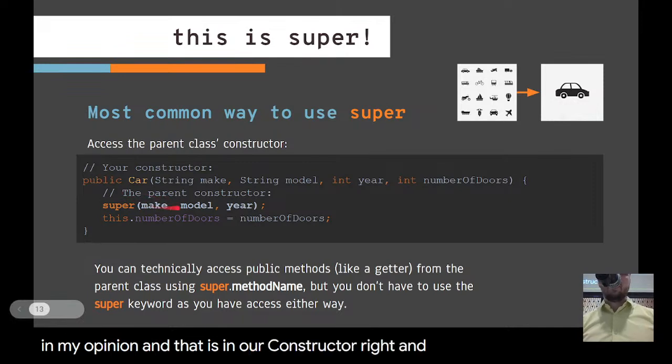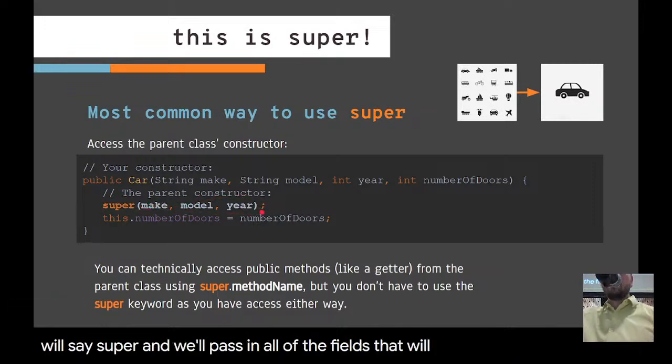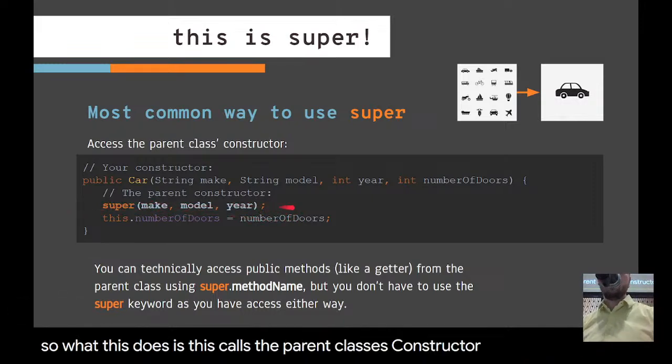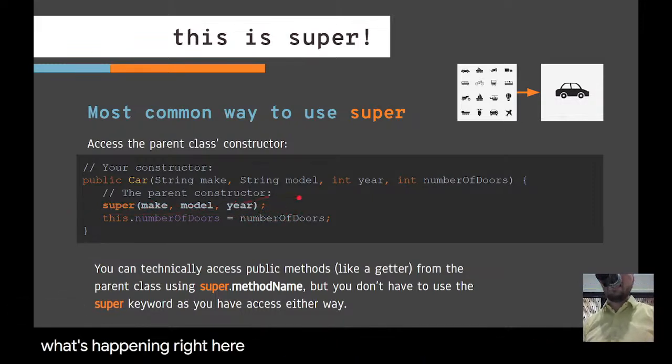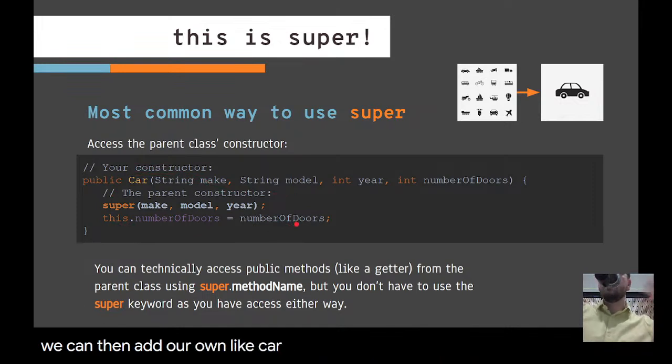In our constructor, we will say super, and we'll pass in all of the fields that belong to the parent class. What this does is call the parent class's constructor. After we set the parent class's fields that we need, we can then add our own car-specific fields.